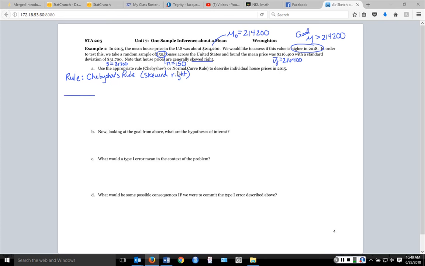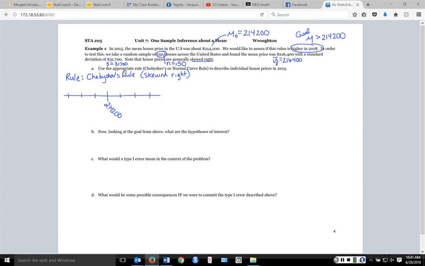So I'm going to draw out my number line that I'm going to use here. And then from there, we're going to go up to 3 standard deviations out. The mean I'm going to use was based upon 2015, so this is going to be our $214,200.